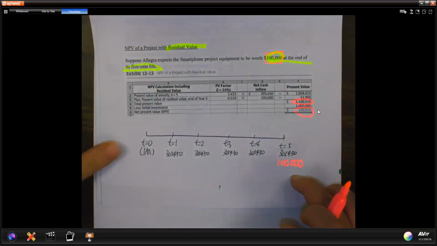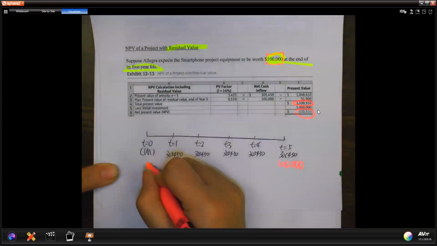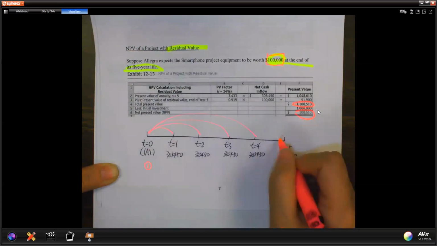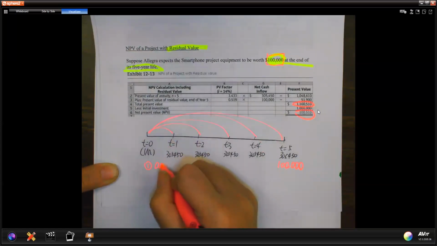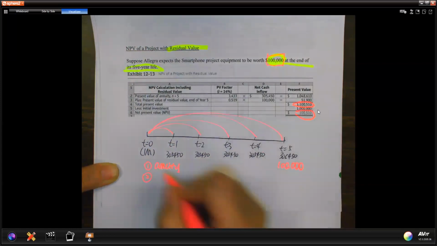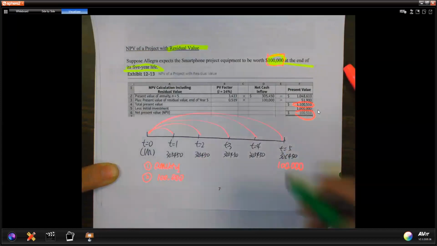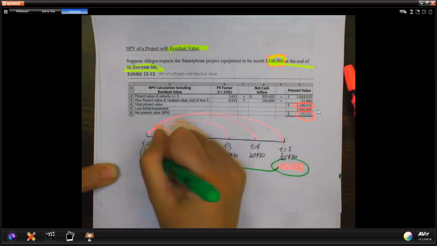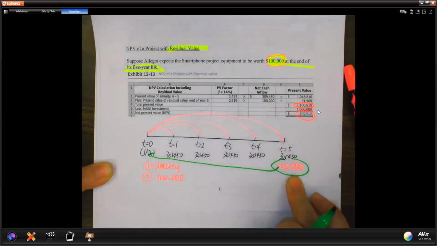So how do I get the NPV? Two steps. First, you discount all of the annuity. Second, you discount that 100,000 separately.